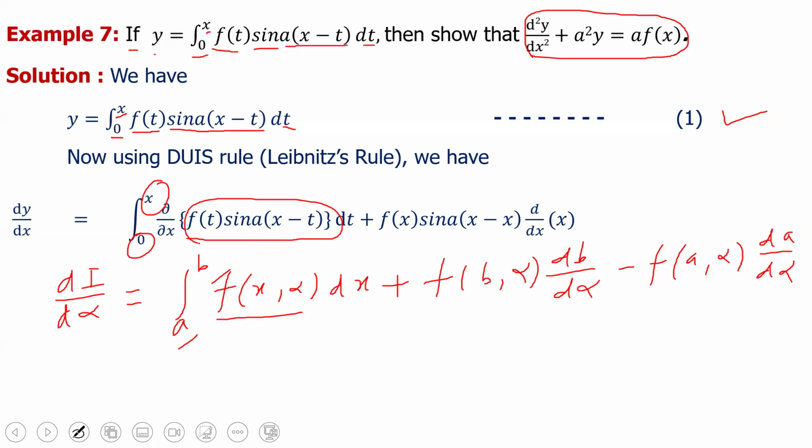So now if we use this formula, the first thing is derivative of, now here t is the independent variable and x is parameter over here.